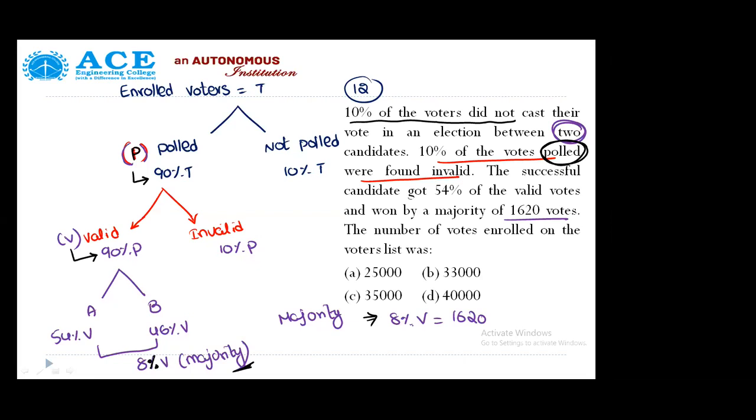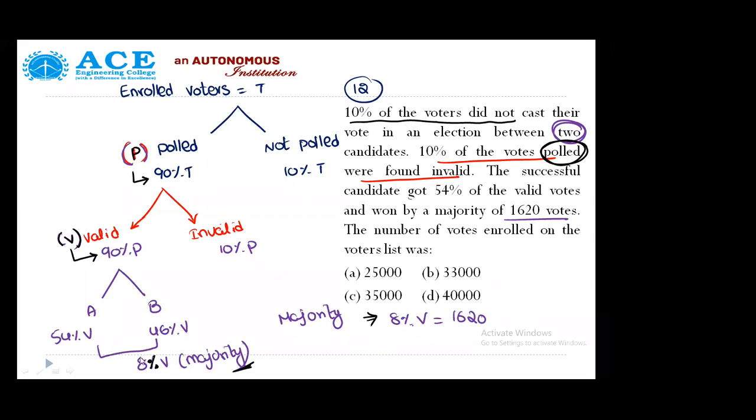Among valid, 54% are for the successful candidate, let it be A. 54% of valid is for A, and B is 46%. Majority means the difference.